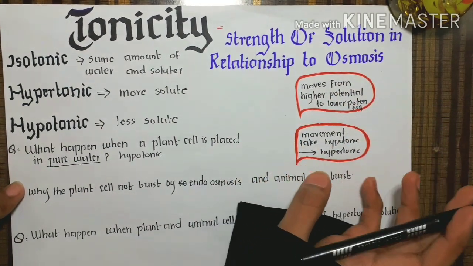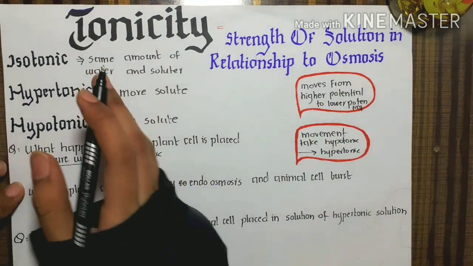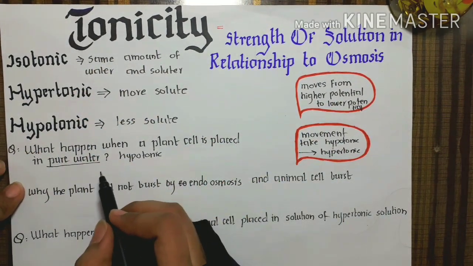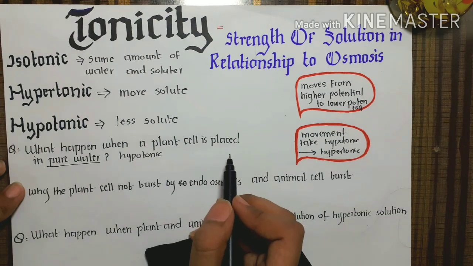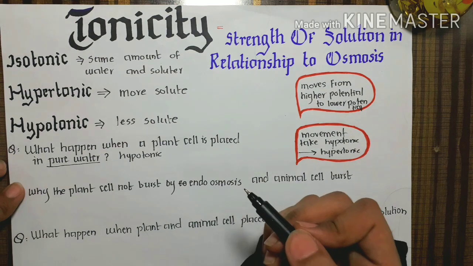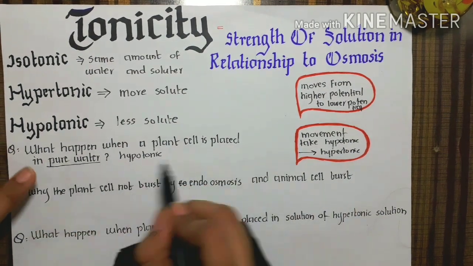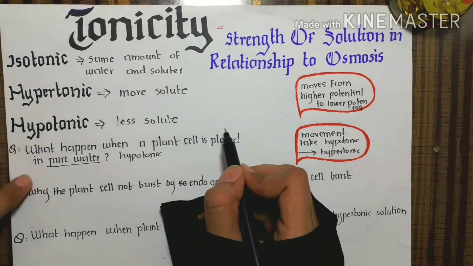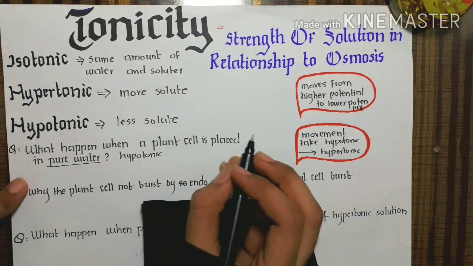So water moves from hypotonic to hypertonic. That means water moves from outside the cell to inside the cell, or we can say endo-osmosis occurs in this case.